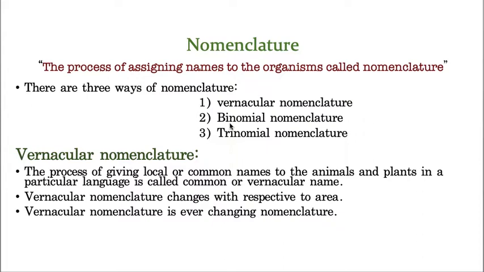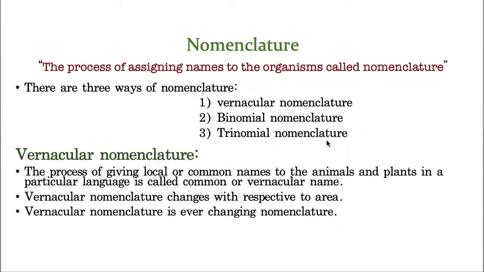They are scientists only, I did not use any wrong word, but a scientist is not the exact word to use here, that's why I corrected it as taxonomist. Any taxonomist who wants to give a name right now follows binomial nomenclature. That's why the most used nomenclature is binomial nomenclature. And the third one is trinomial nomenclature.